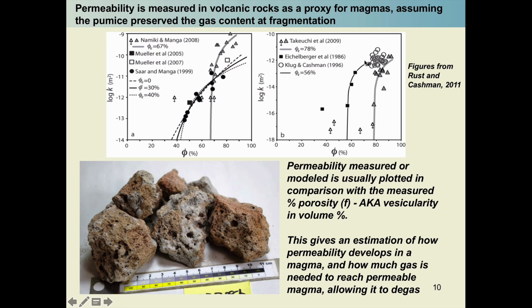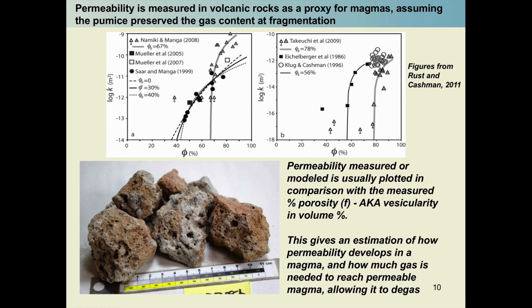The open circles are from a highly explosive Plinian eruption, and you can see that they're very permeable. These pumices have high permeability and very high vesicularities or porosities. So what this means is we think that in a very explosive eruption, the magma expands greatly and it develops really high porosities, and then it becomes permeable pretty much at the moment it fragments.